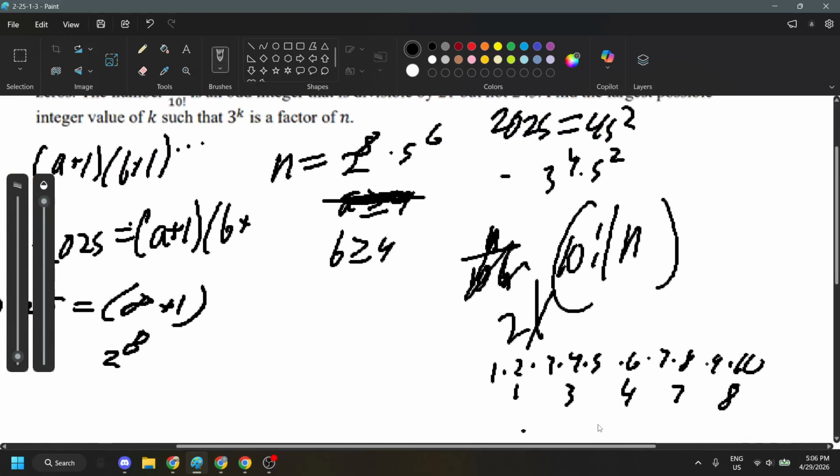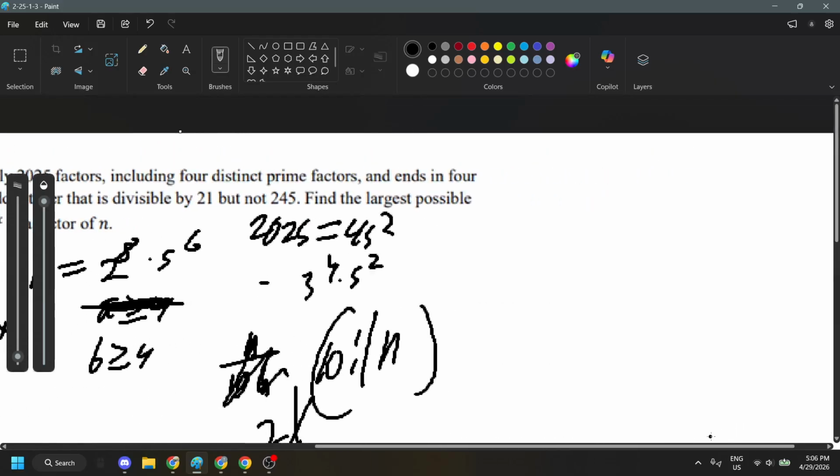Okay, so if it's divisible by 21, 21 is 7 times 3. 245 is 5 times 49, so 5 times 7 squared.